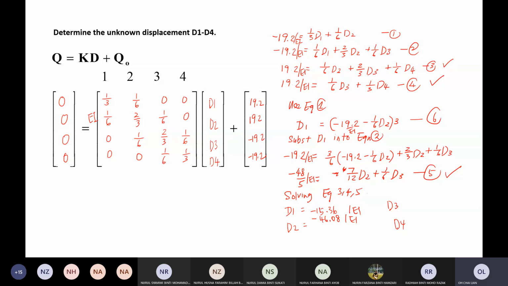So in the calculator, if not mistaken, you put in this A, B, C, D. There will be boxes here, so the D we will directly get, 19.2.